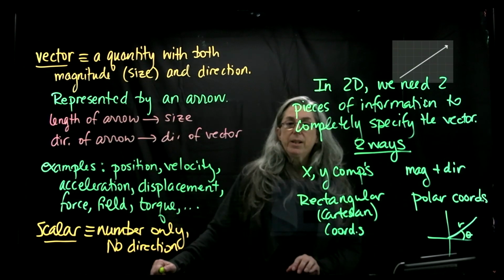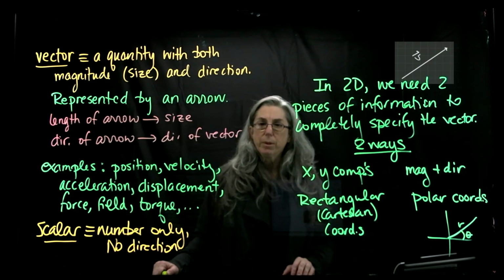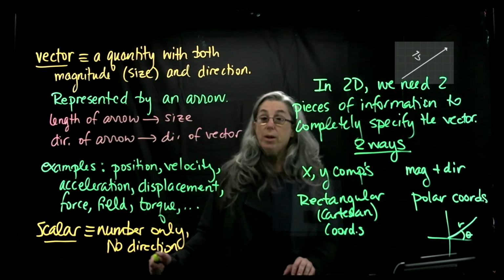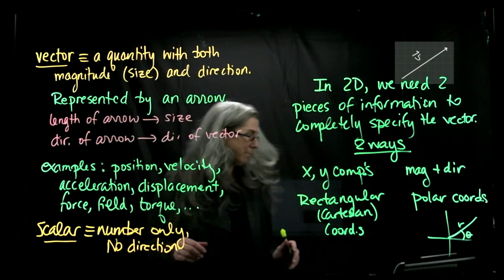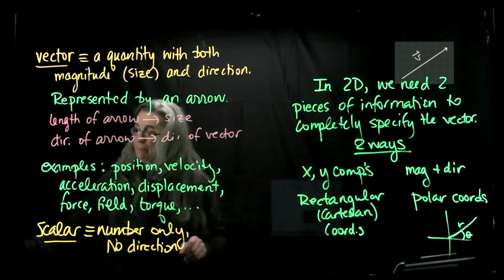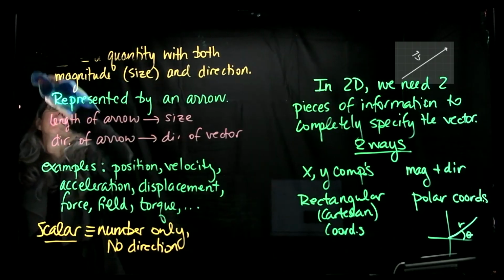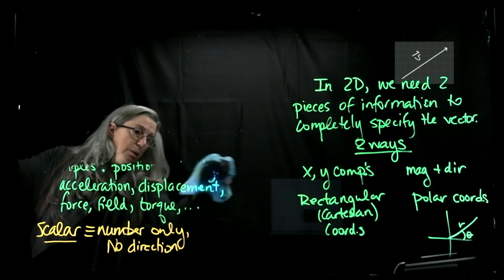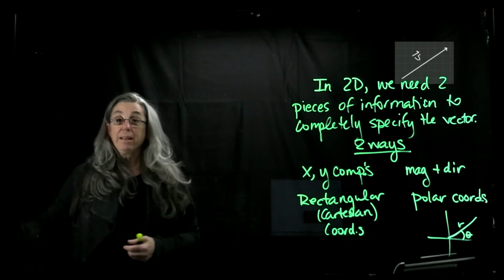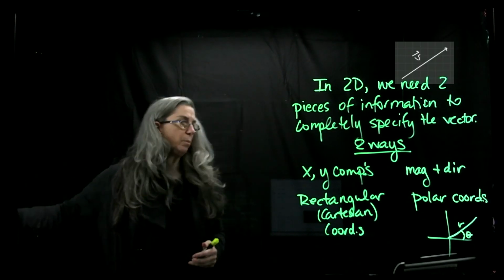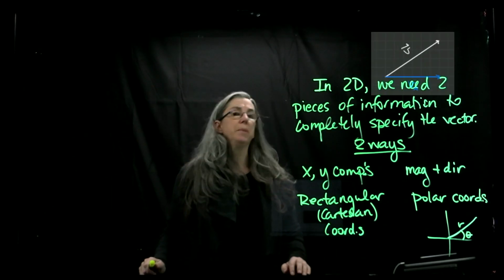If we have a particular vector v, how do we find the x and the y components? And what do those components look like? The x component is usually the horizontal component, and the y component is the vertical component.